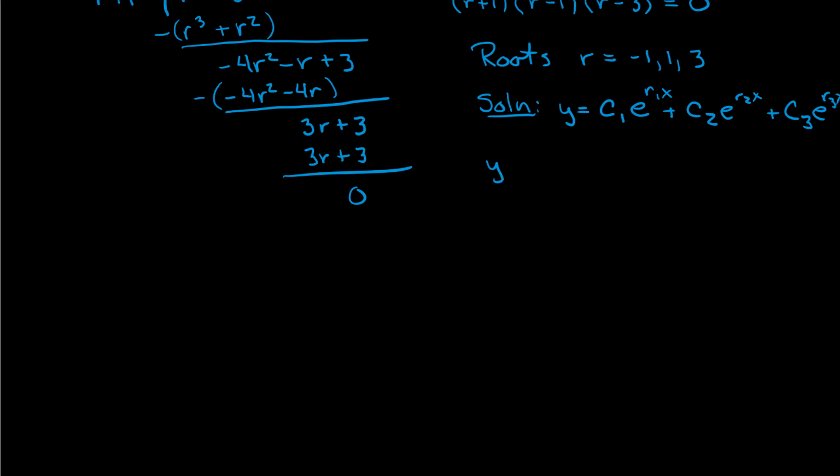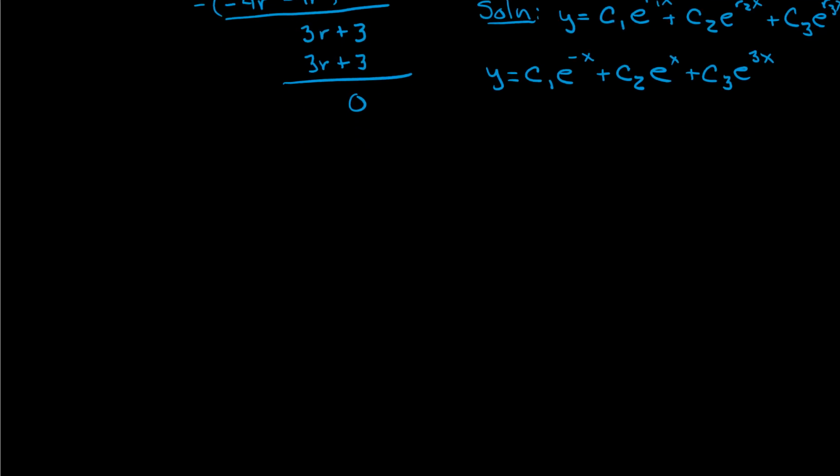Using our values for our roots, we can write this as c1 e to the negative 1 times x plus c2 e, the second root's going to be a positive 1 times x, plus c3 e, the third root's going to be 3x, and that is our general solution. That's all the further we can go unless we have some initial values provided, which in this case we don't. General solution to that problem looks like that.